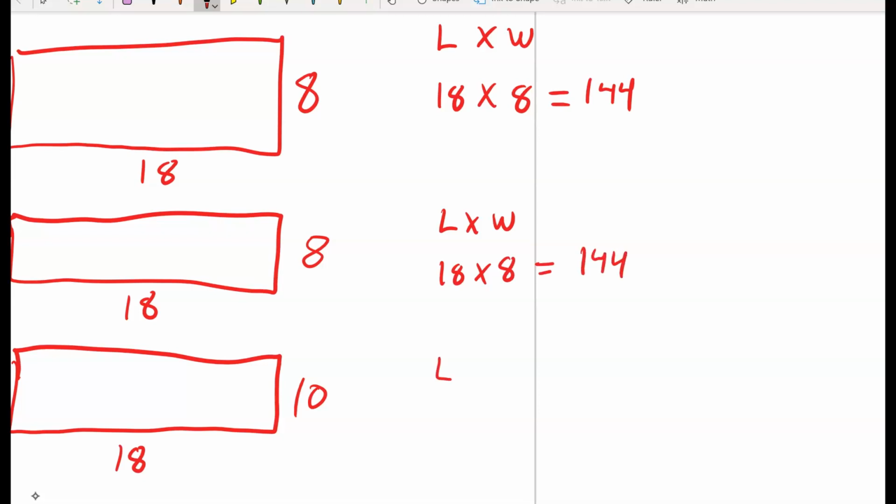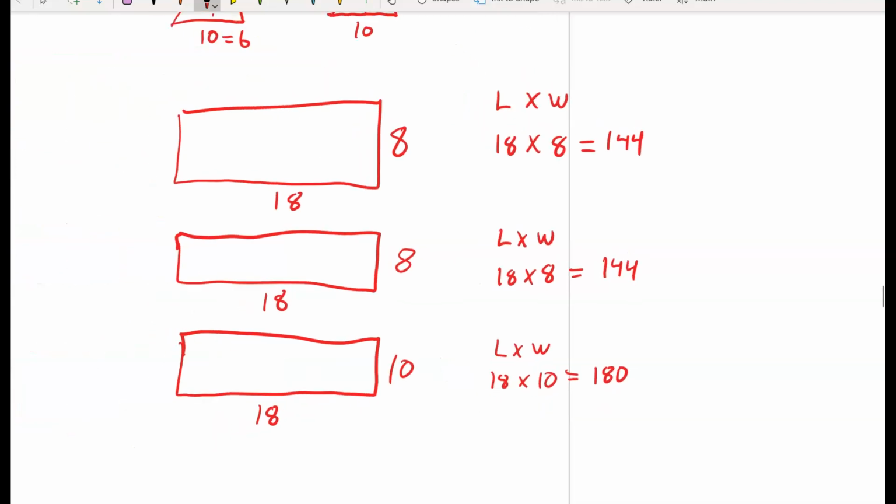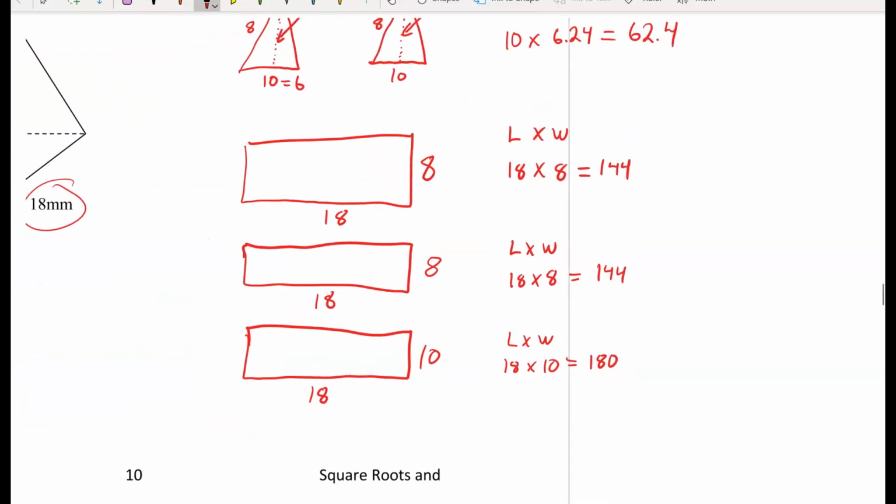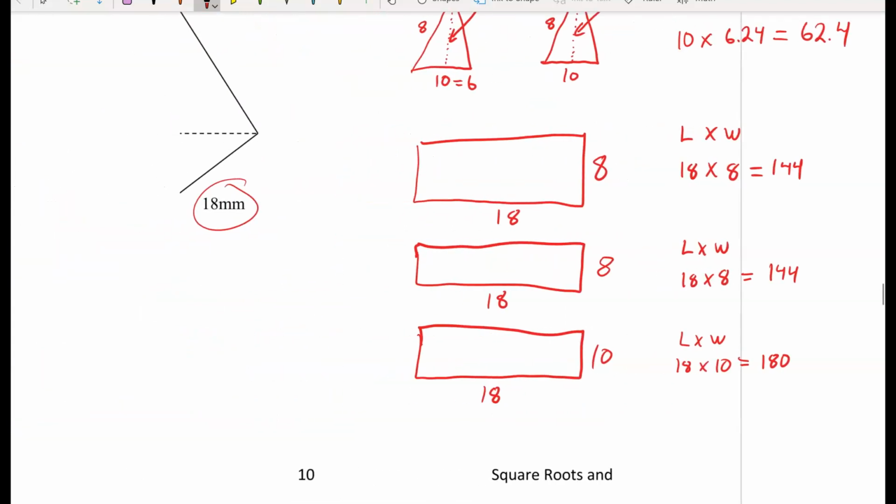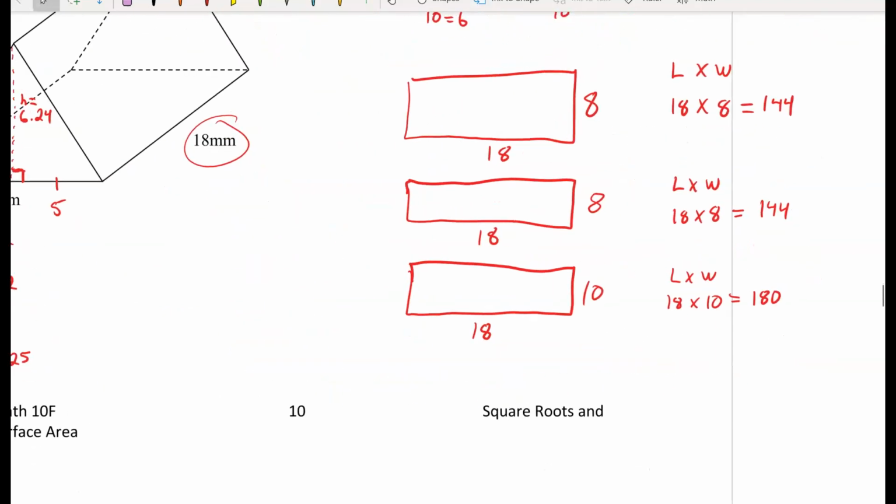And then we have our length times our width, which is 18 times 10, equals 180.